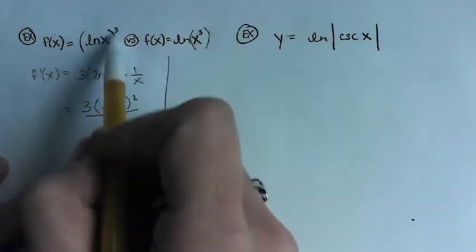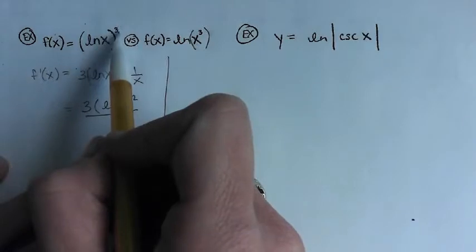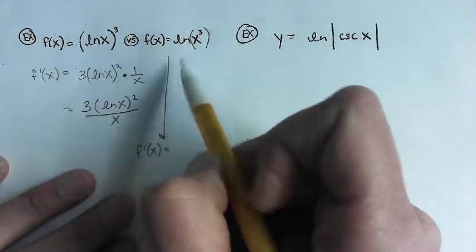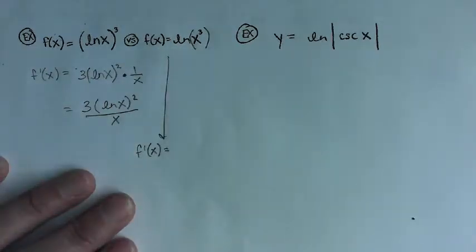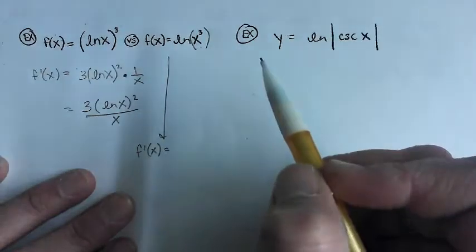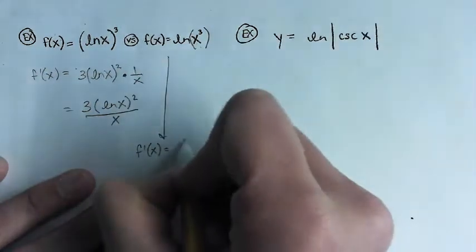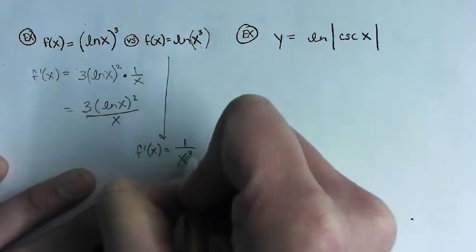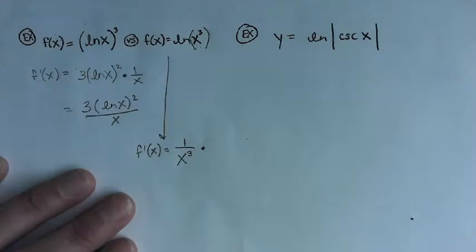Okay, so this one holistically was a power rule first. This one holistically is a natural log problem. So the derivative of a natural log is what? Okay, but this is not an x, this is an x cubed. So we are going to start with 1 over x cubed, and then what do we have to multiply that by? Because of the chain rule.